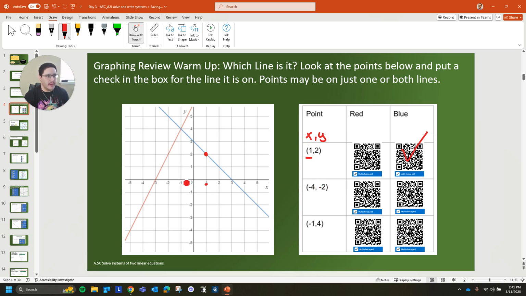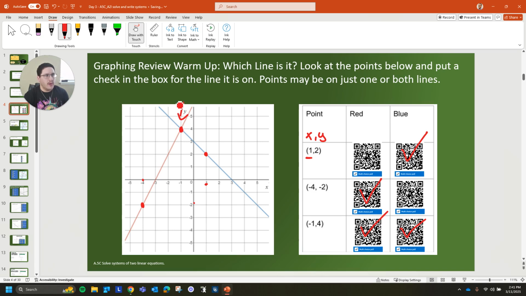X means I'm going to the left, -4, and then I'm going down to the -2, which means this is on the red line. (-1, 4). So -1 to the left and then up 4 on the y. And as we notice, on the red and blue line, this point is located at the intersection. So these land on both.